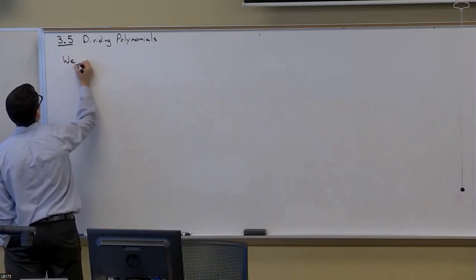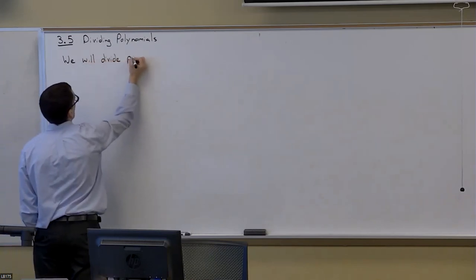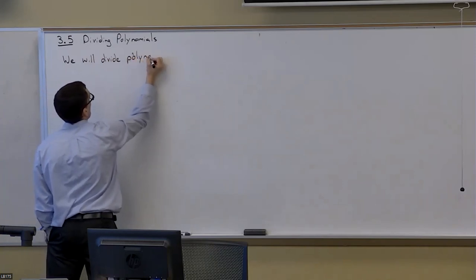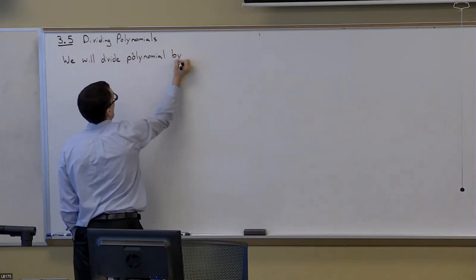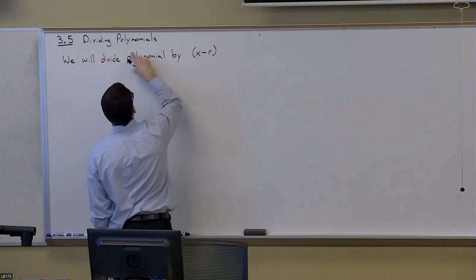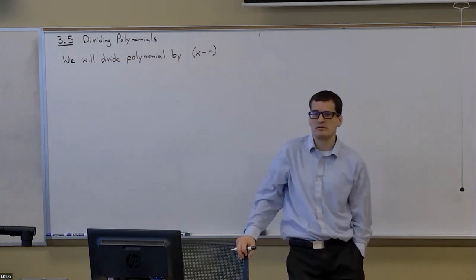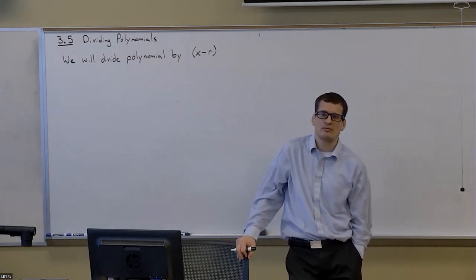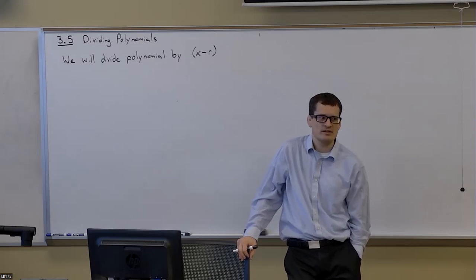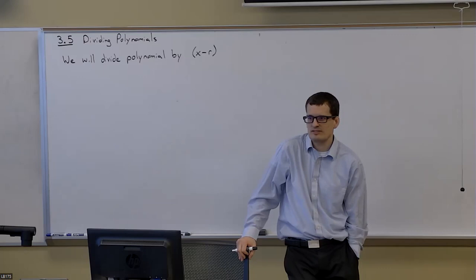We will divide the polynomial by x minus r. Why do you think we're going to use x minus r there? Well, because that's hopefully what I get my factors into, right? Hopefully I can get my factors into x minus r, something like that.